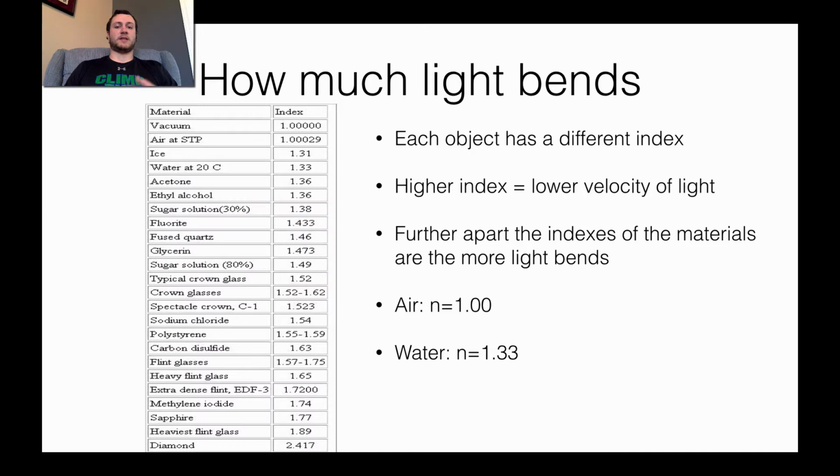If we take a diamond and put that diamond in air, air is 1, diamond is 2.417. The difference there is 1.417. That's a large difference in the n values. So we're going to see a greater effect of that light bending from air to a diamond as opposed to air into water.